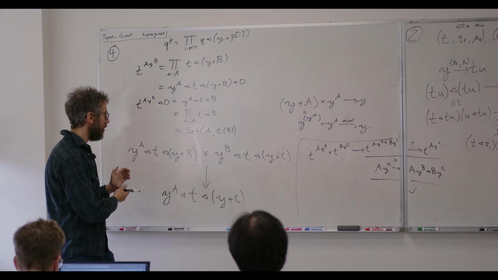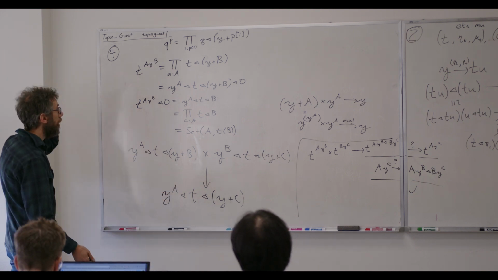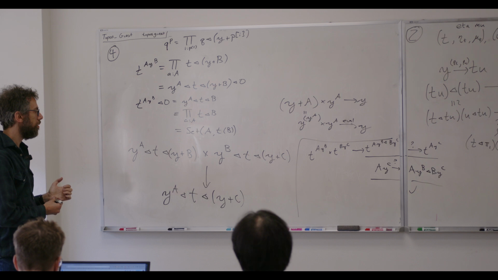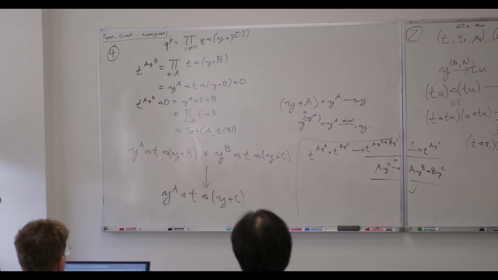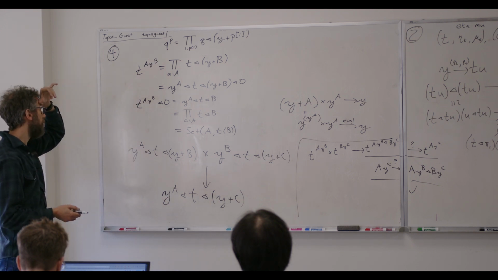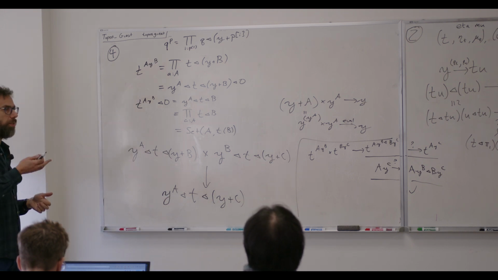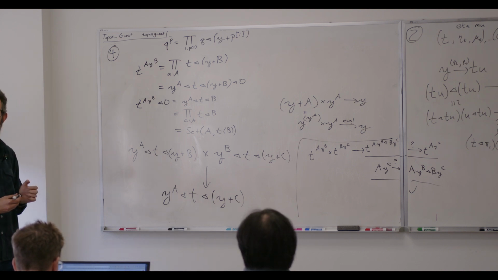They're very special things, but they also come to us for free from this kind of calculation. Any questions? This is some kind of enrichment. This sort of thing is an enrichment of the Kleisli category in Poly. It's a lifting of the Kleisli category to Poly.